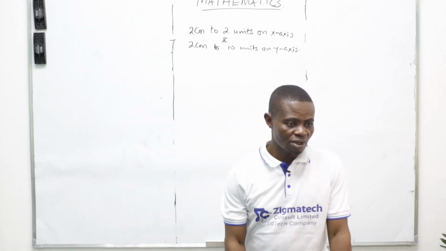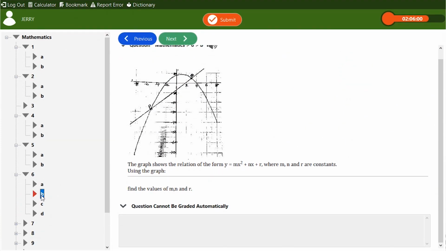So next question now. Find the values of M, N, and R. To do this, we need to trace this thing. No, this is not perfect. Look at this place. It follows that here may be minus 5, okay?